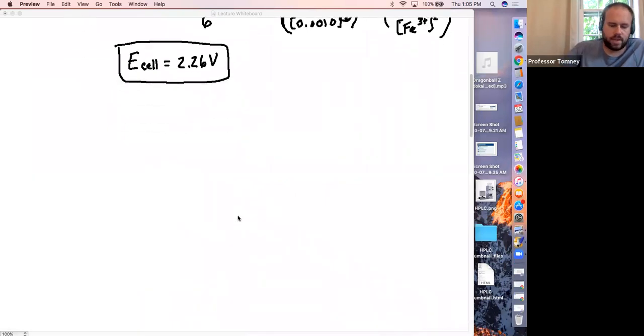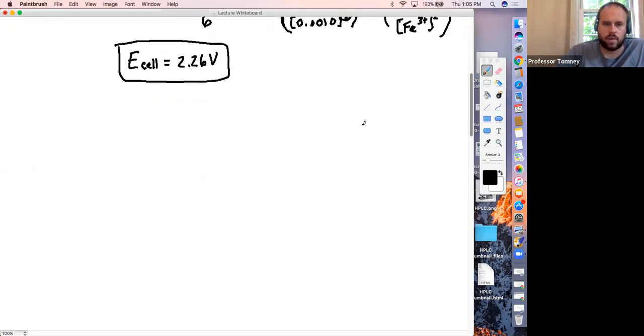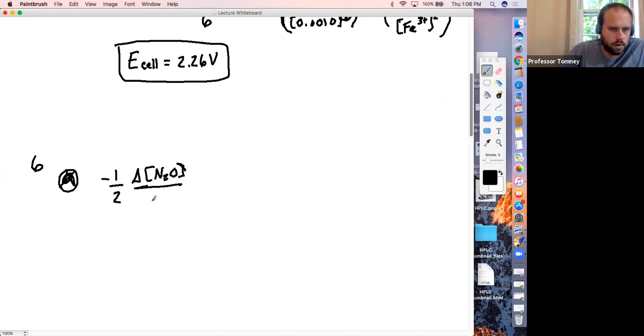Okay, so the first step is to set this reaction equal to all the reactants and products so that we have that working relationship. So this is part A of 6. All right, A: negative 1/2, because it's negative due to the reactants disappearing, and it's 1/2 because the stoichiometric coefficient was 2, is going to be multiplied by the change in concentration of the N2O over some given change in time.